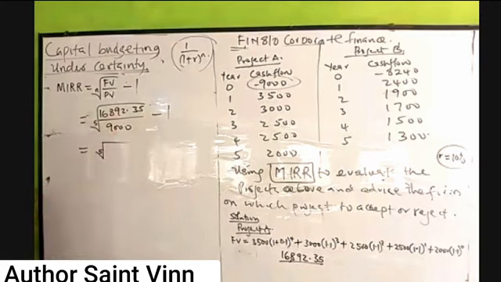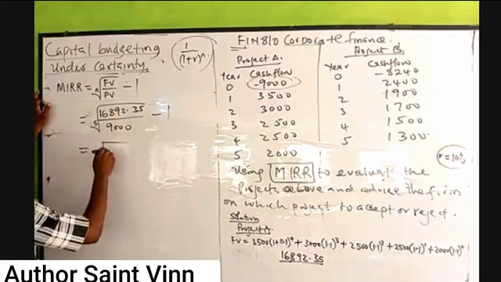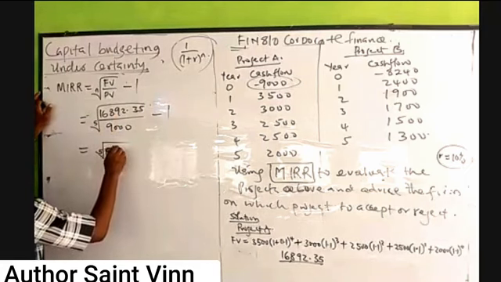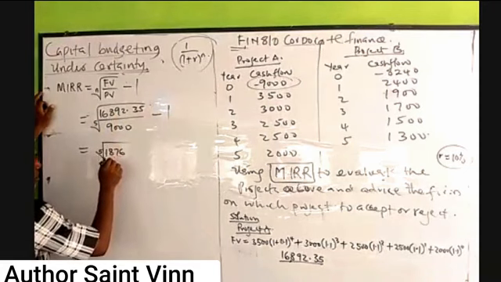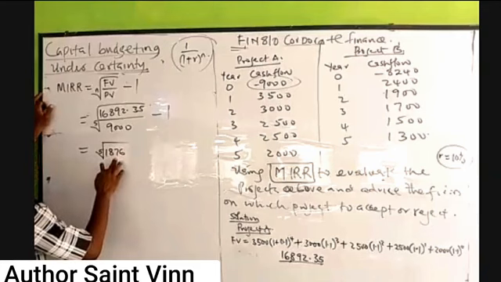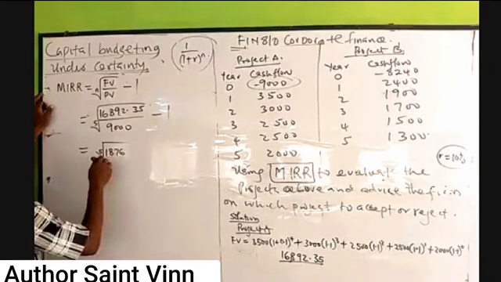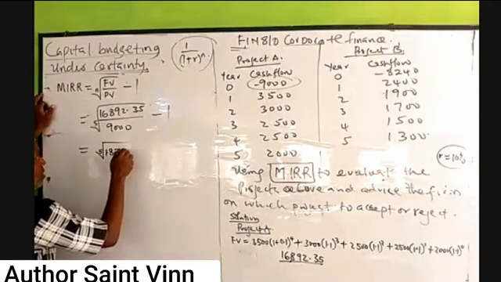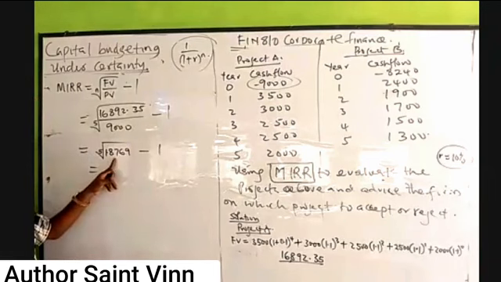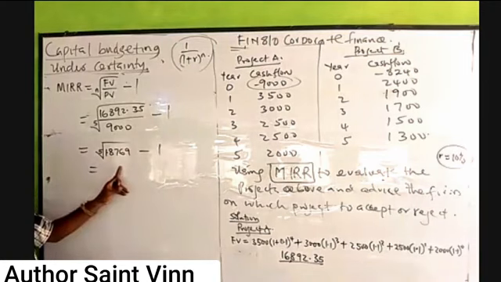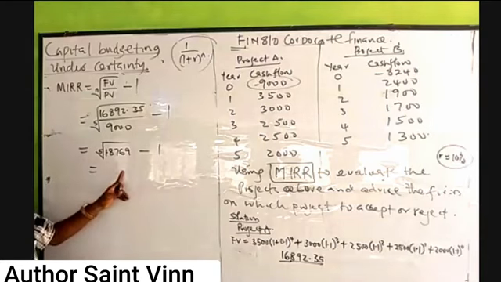This divided by this is 1.876. Minus 1. Find the fifth root of this, the way I taught you, so that we can round up.